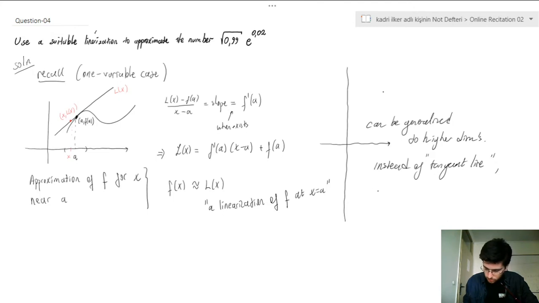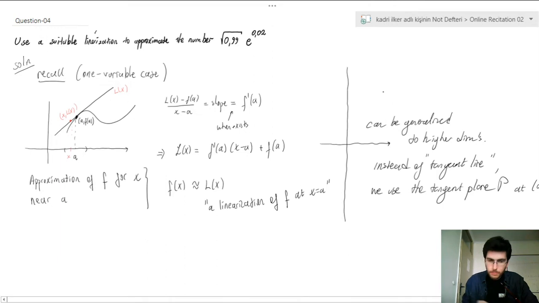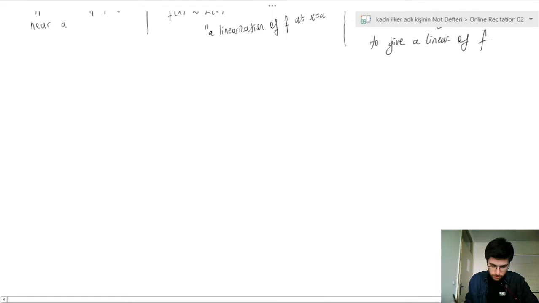We use the tangent plane at the point (a, b), since now we have two components, to give a linearization of f. So what is the picture, if you remember?